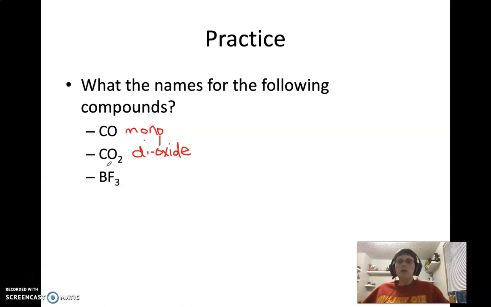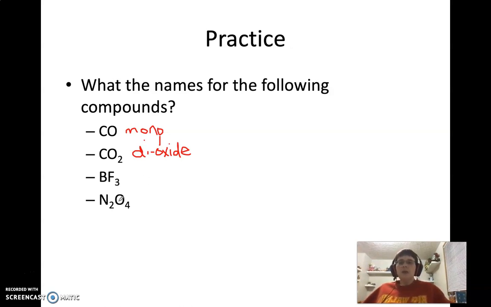So we've got boron and fluorine. So it would be boron fluoride. But we're not sure if there's more than one option for this. So just to be safe, go ahead and name it boron trifluoride. So that's what I was talking about as far as on this second one. If you're not 100% sure, just go ahead and put that prefix on the second element.